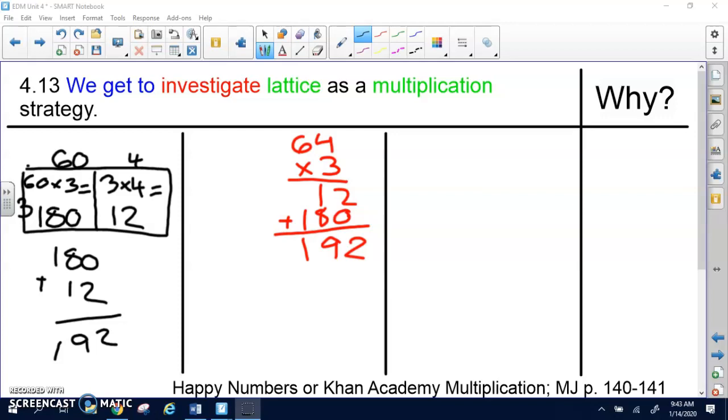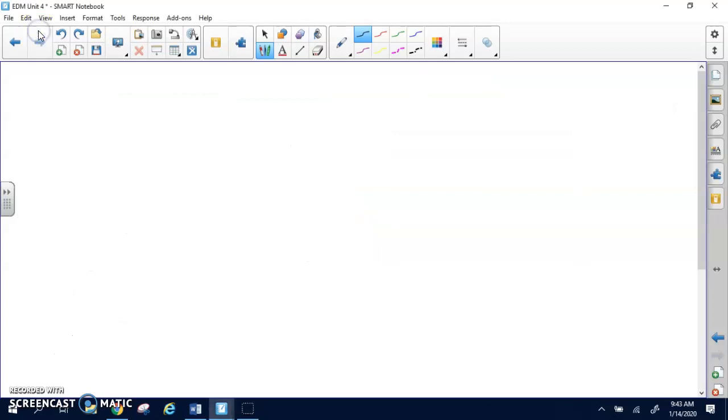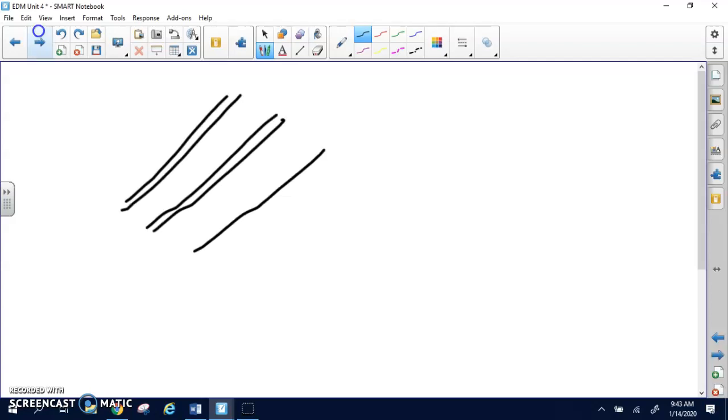This word lattice, first of all, it refers to, I don't know what you would call it. Maybe in some of your parents' backyards, they have this wooden structure with diagonal boards across it.